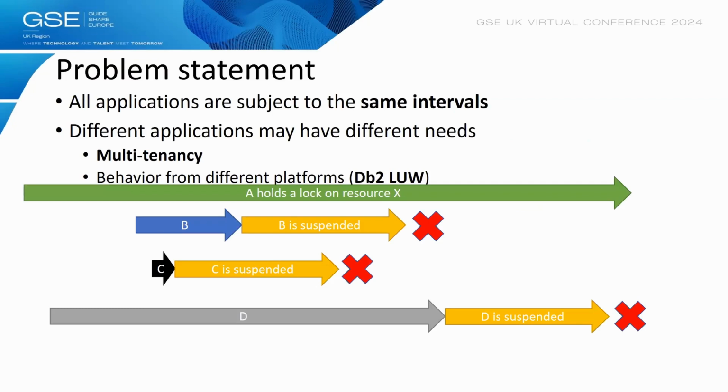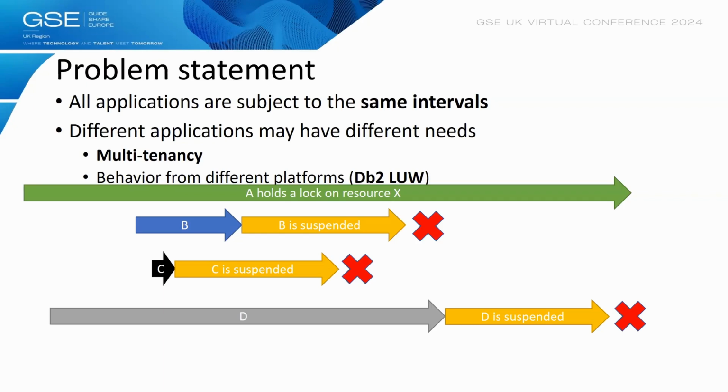Now, what's the problem here? Now all applications are subject to the same interval, which maybe is not a problem because it's been working fine for years. The problem might become visible when you consolidate applications from different LPARs or maybe even from different platforms, and now you may experience timeouts which you didn't experience before, because now all the applications are subject to the same interval.